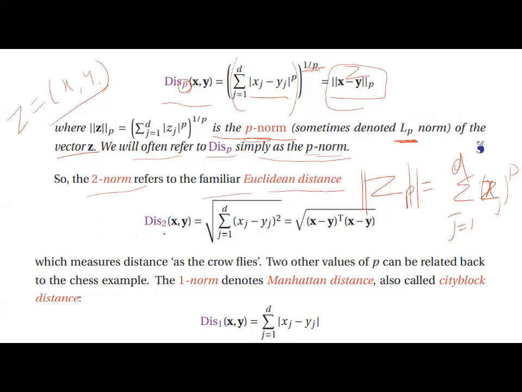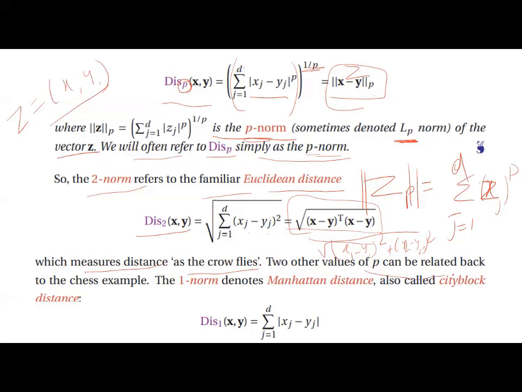The 2 norm, dist_2(x, y), is equal to the root of the sum over j equal to 1 to d of (xj minus yj) whole square. It can be written as the root of (x1 minus y1) whole square plus (x2 minus y2) whole square. So it is also written as the root of (x minus y) whole power T into (x minus y), which measures distance as the crow flies.